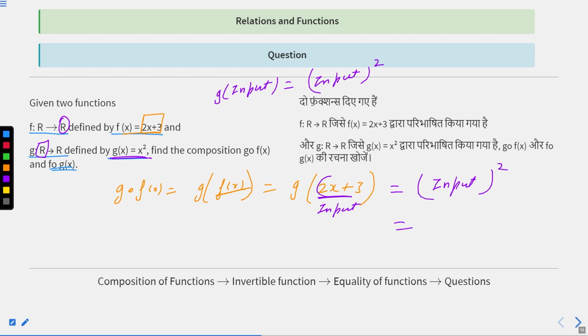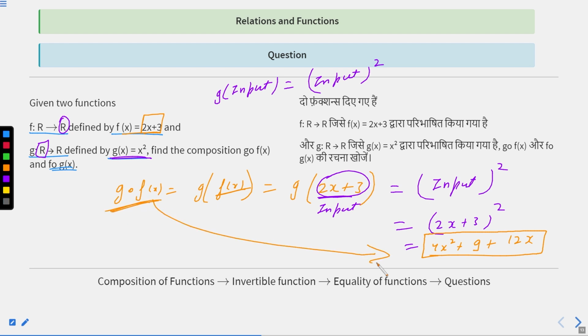What is our input? This, 2x plus 3. So (2x plus 3) whole squared, or you can open the square and you will get 4x squared plus 9 plus 12x. So the simplified expression, our final g of f(x), will look like this. Now let's find f of g(x).